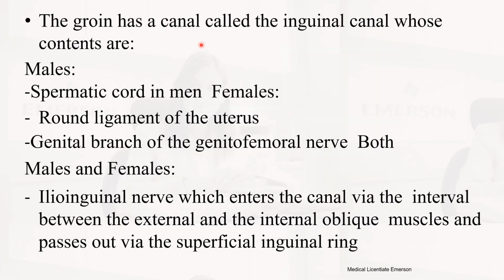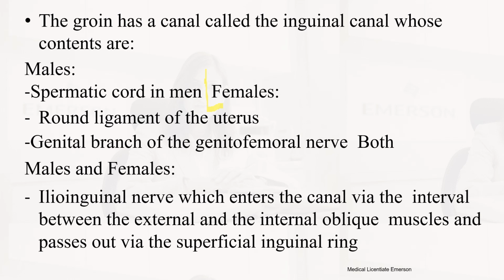This forms a canal called the inguinal canal, whose contents are, in males, the spermatic cord. Then in females, we only have the round ligament of the uterus. In both, we have the genital branch of the genitofemoral nerve. Let me repeat, since there is a problem on the slide.